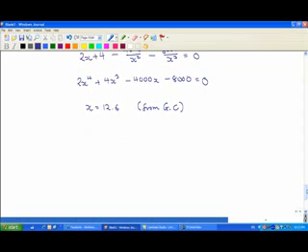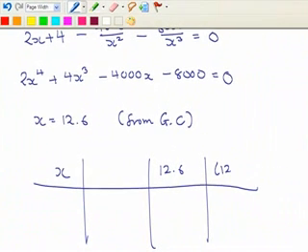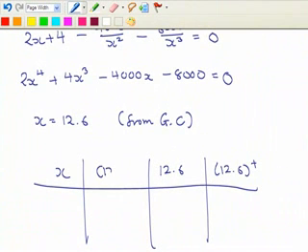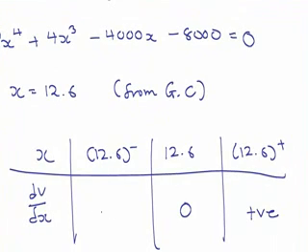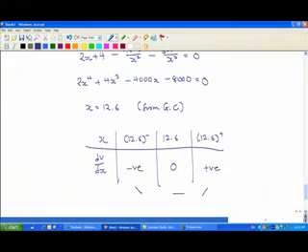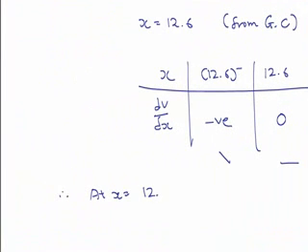However, since we already know that there's only one value that satisfies, what we can do is just create the table itself. And then, depending on whether you want to do it or not, here you can just say that this will give you a positive value, negative value, and hence at x equals 12.6 cm, the volume of material being used is minimum.